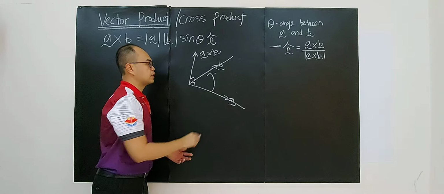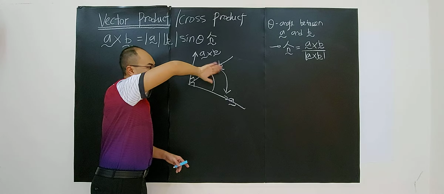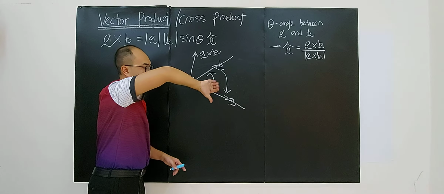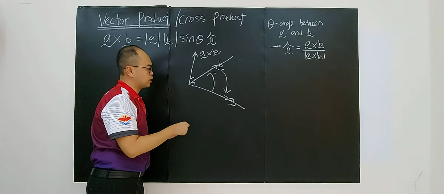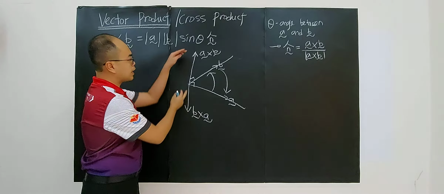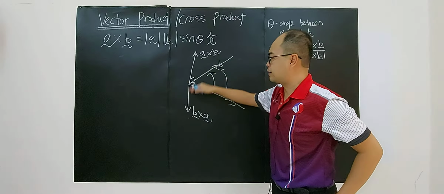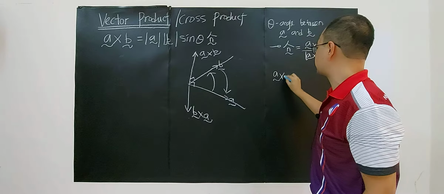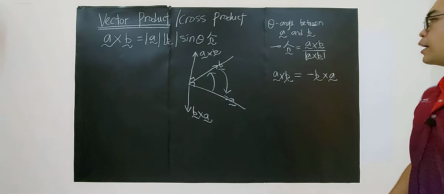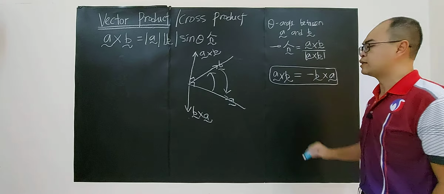This is very important. If I move in the other direction, B cross A, using the right-hand screw rule, the thumb goes down, and that is represented by B cross A. A cross B and B cross A have the same magnitude, but they are in opposite directions. Simply put, A cross B is the same as negative B cross A. This shows that the two are anti-direction to each other.